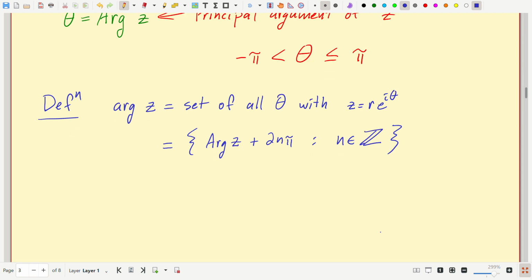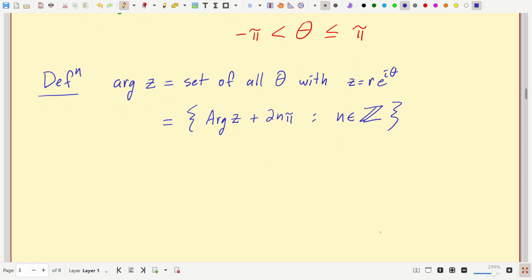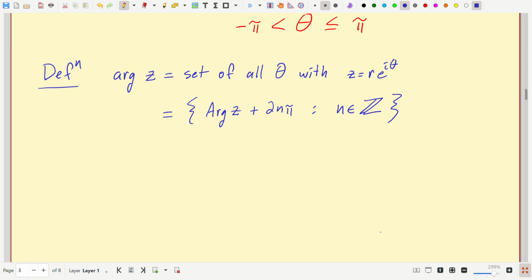Maybe I should draw a picture of what complex multiplication looks like now. You can see it from this polar form. I should remark that adding complex numbers is just like vector addition.